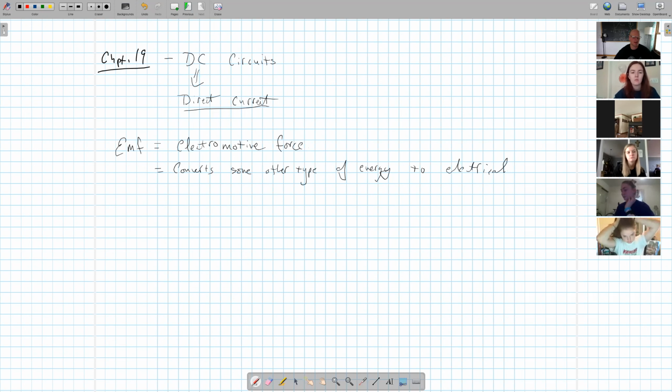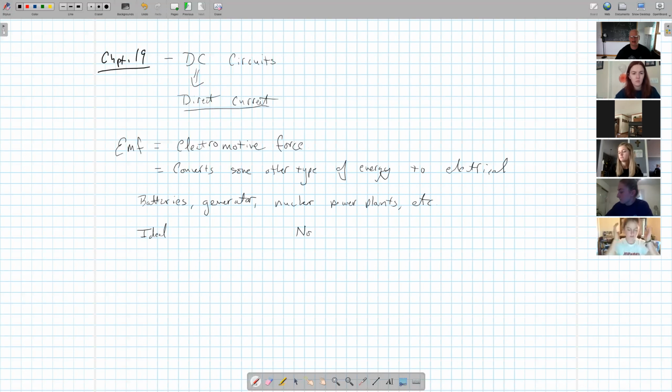So typically these are going to be things like batteries, generators, nuclear power plants, etc. So again, anything that converts into electrical energy. So typically there are two different types of EMFs. There's what's called an ideal EMF and then what's called a non-ideal EMF.